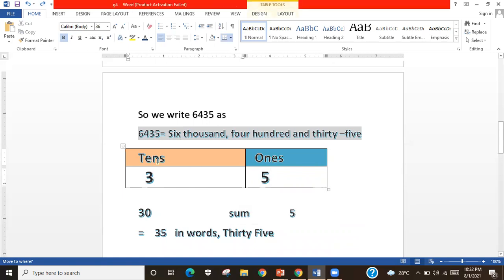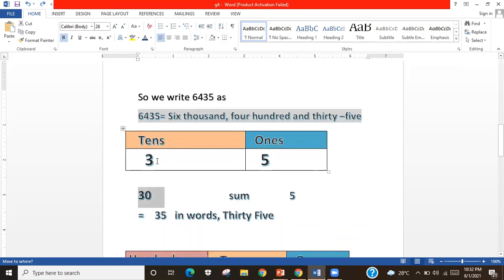The second one always counts as tens, so 3 tens means 30. If you sum up 30 and 5, it equals 35. So you can easily write 35 in numerals, and in words as thirty-five.